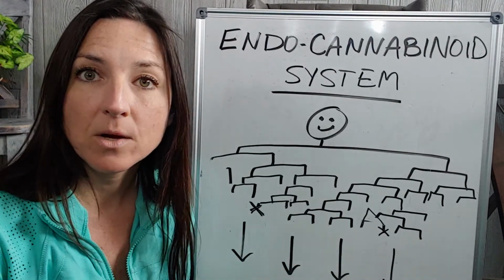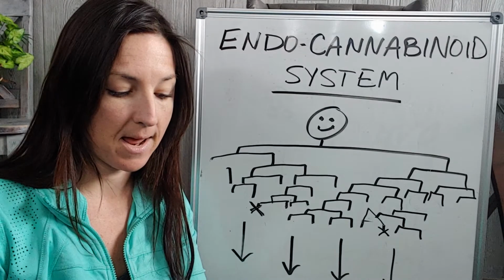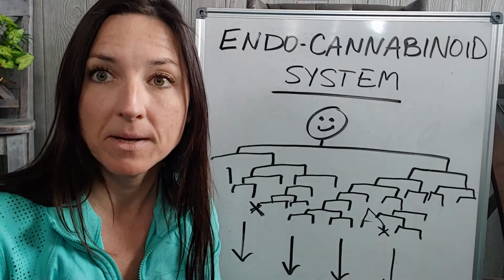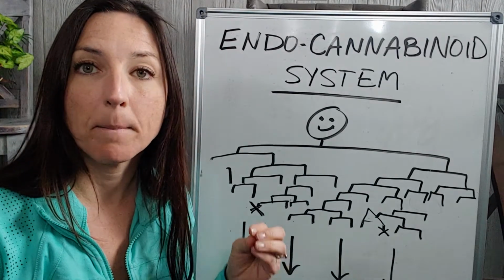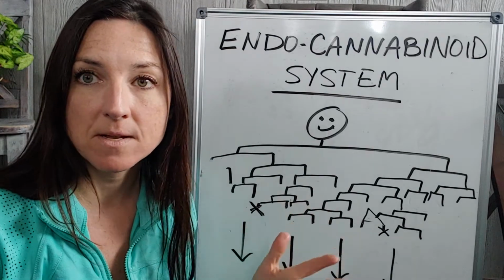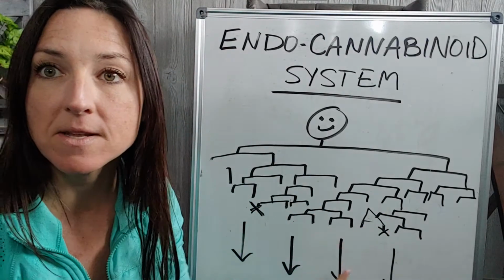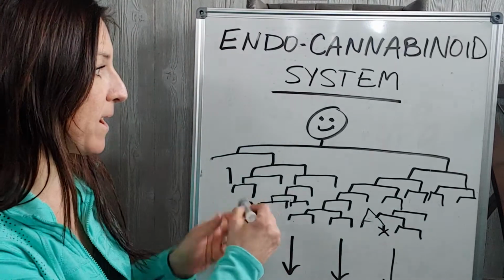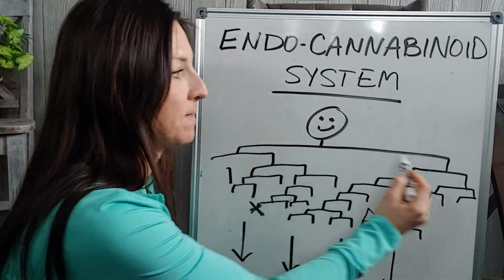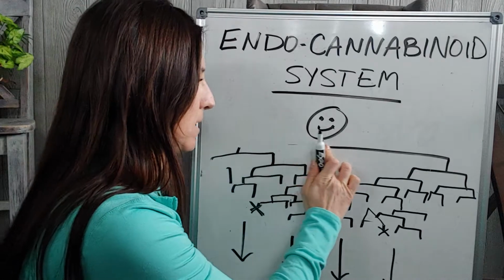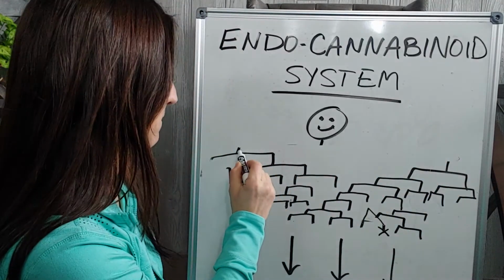So we don't necessarily use this as a cancer treatment. It is to bring balance back to all of the systems, to encourage homeostasis in all of these systems so that we maintain this balance at the system level.